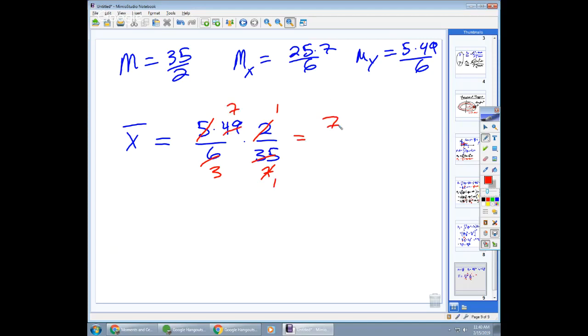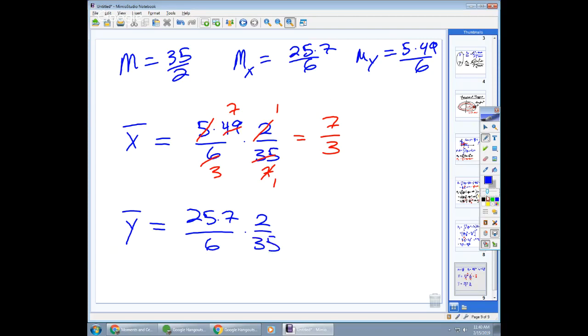So I get 7/3. The center y value is going to be 25 times 7/6 times 2/35. And again, a whole bunch of stuff cancels.